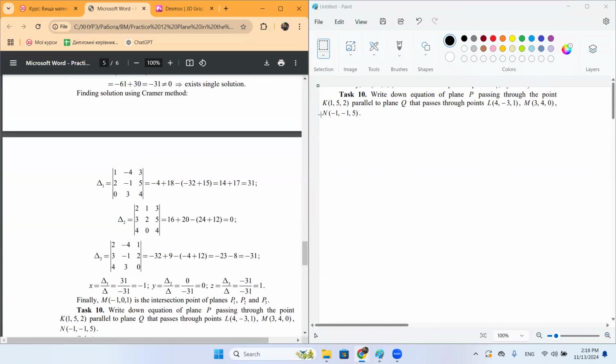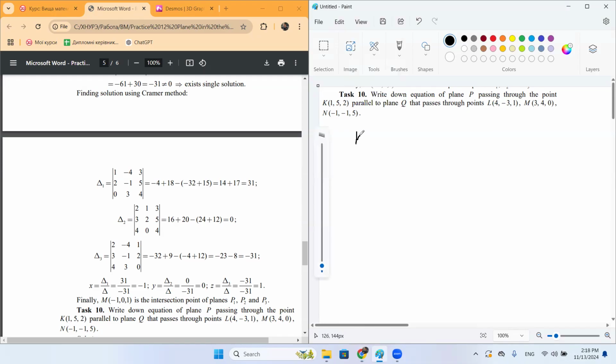So what else do we need for the plane P? Any ideas, suggestions, Sophia? I guess we need a normal vector, and as they're parallel, the normal vectors will be equal to each other.